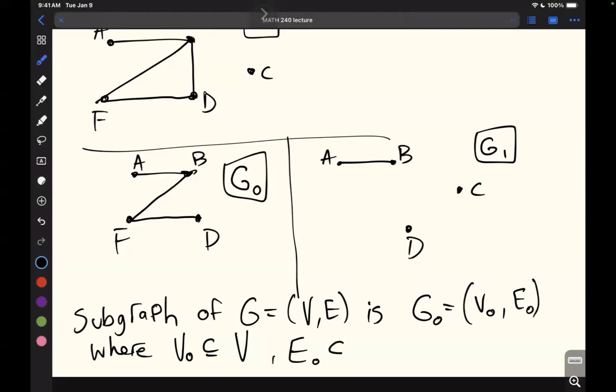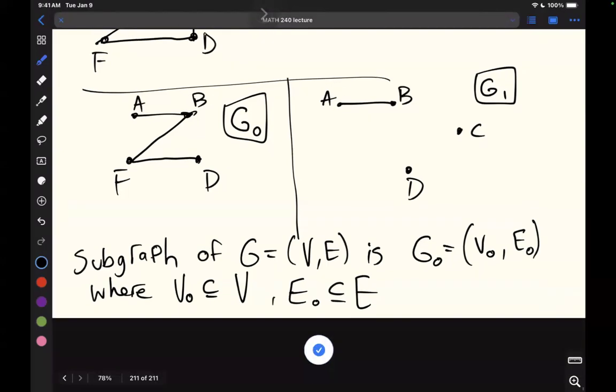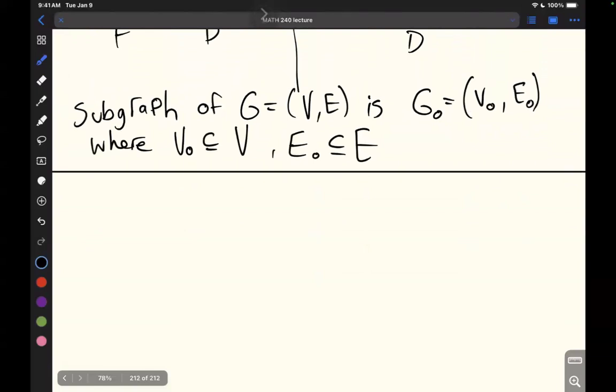Similarly for edges, it's just got to be a subset of the original. Provided that, the term that the book says, every edge selected for E naught has its endpoints likewise selected for V naught.